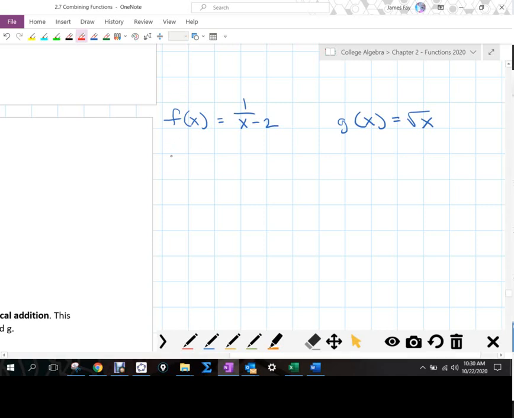What I like to do is just figure out what is the domain of f of x, which, if we go back to our notes, we were calling set A. Okay? So what is my domain here for f of x?